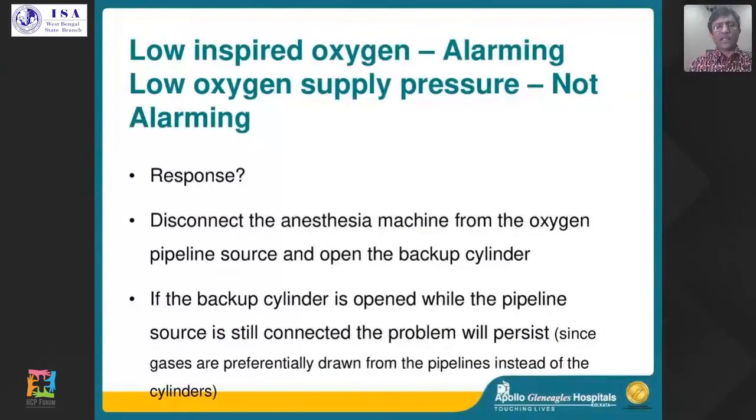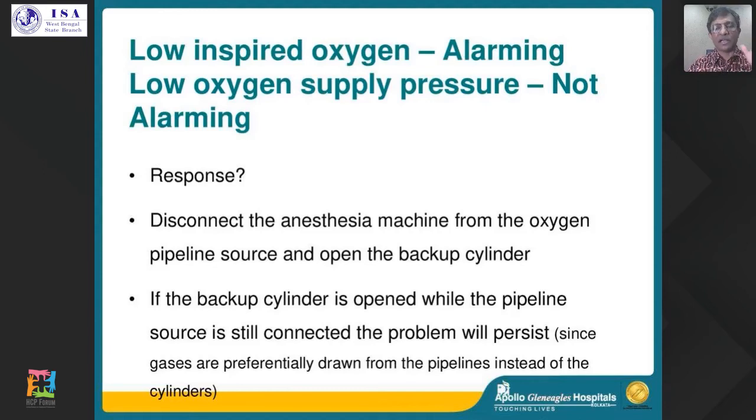The response would be to disconnect the anesthesia machine first from the oxygen pipeline source and open the backup cylinder. If it is resolved, then you know that there was something wrong with the central gas pipeline, a wrong gas, or a wrong attachment. You have to open the backup cylinder after you have detached the central gas pipeline.